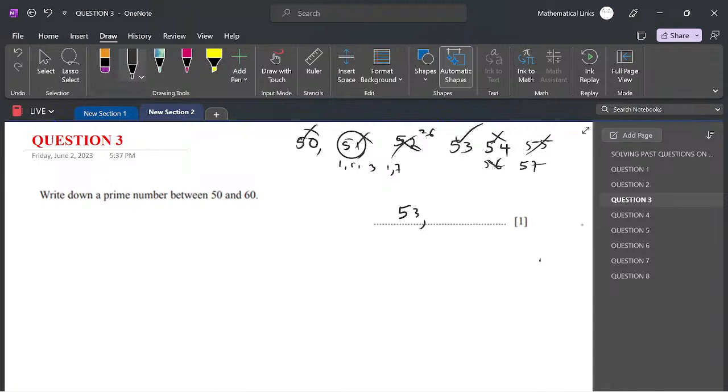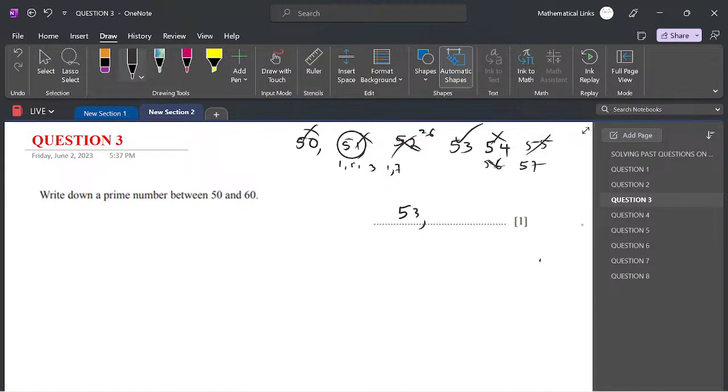Let's see. Apart from 1 and itself, that is 57, is there any number that can divide it? Obviously 2 cannot divide it, because the last digit is not divisible by 2. Let's check 3. 5 plus 7, that will be 12. Wow. So 12 is divisible by 3.